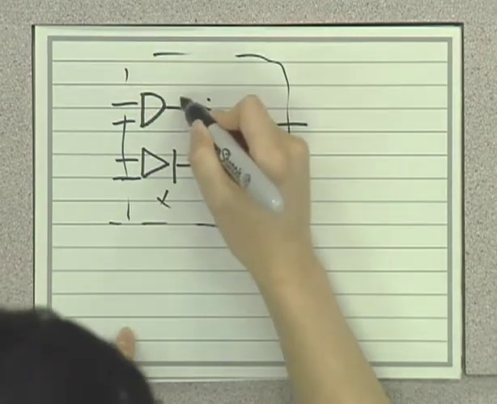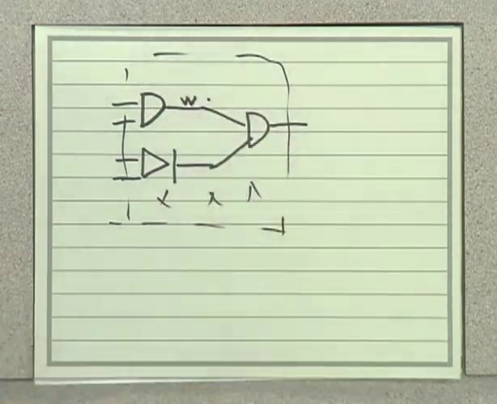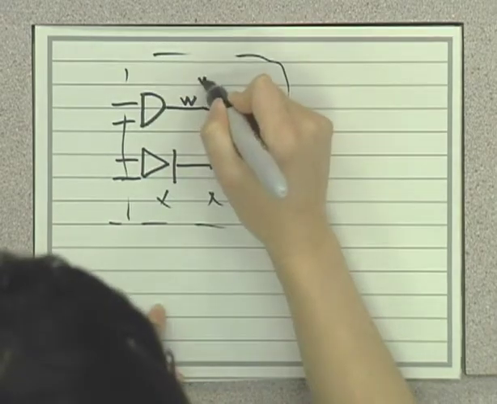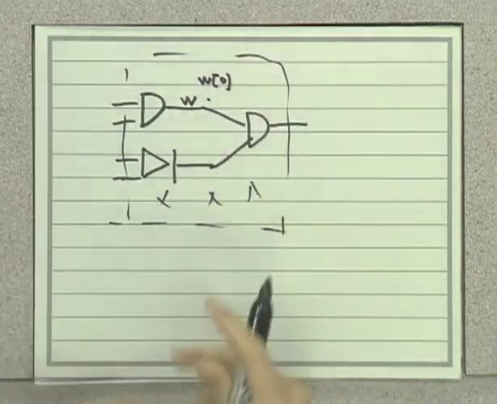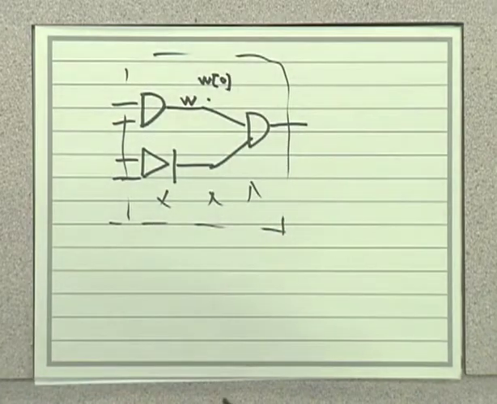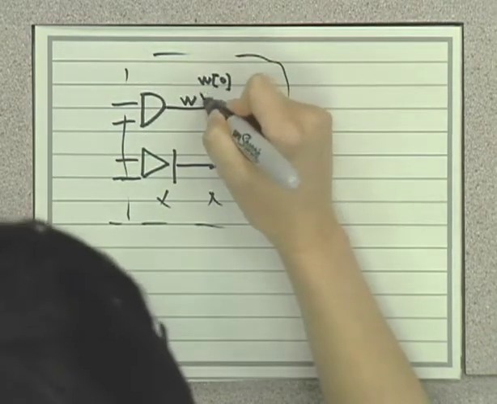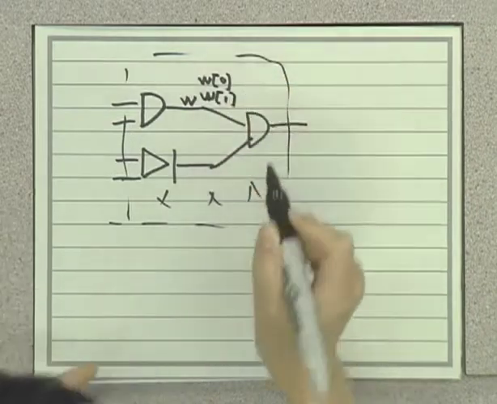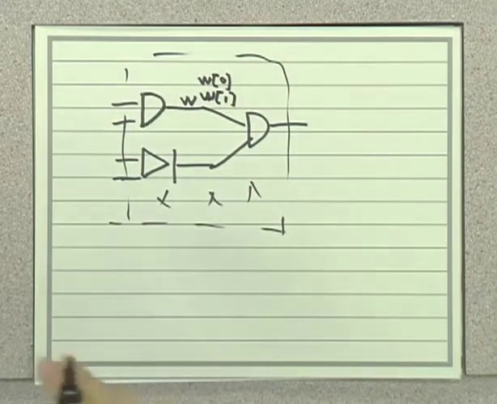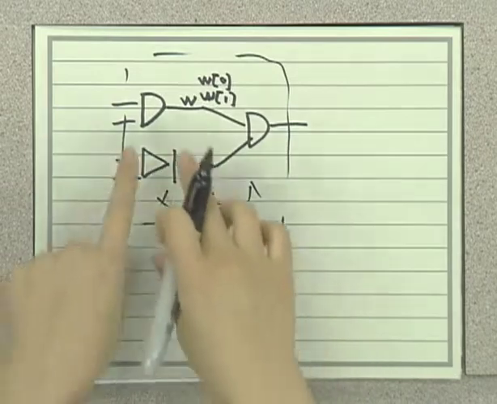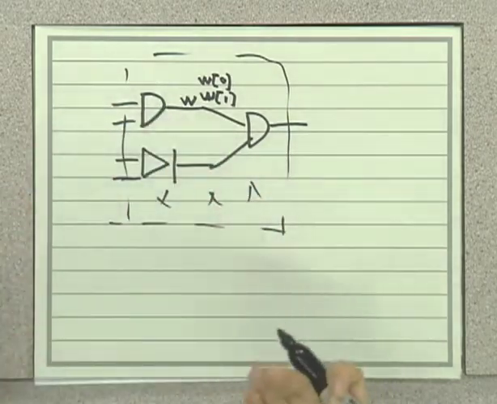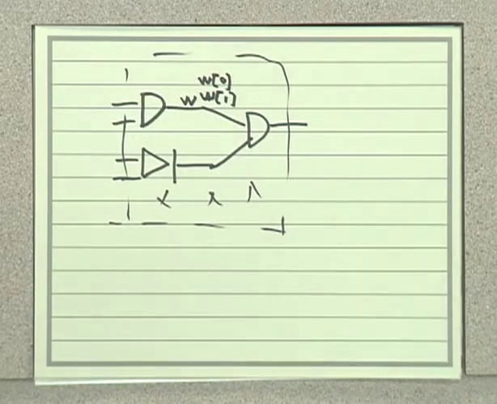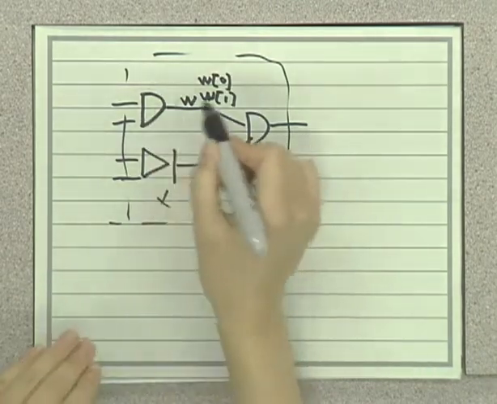Let's say this wire is called W. Alice chooses a random binary string as W0, which represents the 0 value, and another W1 representing the 1 value, just for this wire. And for different wires, she chooses different random strings. This is how Alice represents a wire.